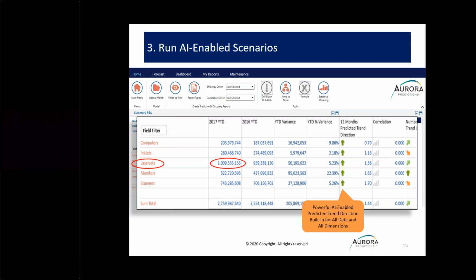You don't have to write any code for it. You don't have to train it, but it tells you, it predicts the future of the trend. So in this case, for laser jets, the year-over-year trend is up by 5.23%. And the prediction is this trend is going to continue to go up over the next 12 months.